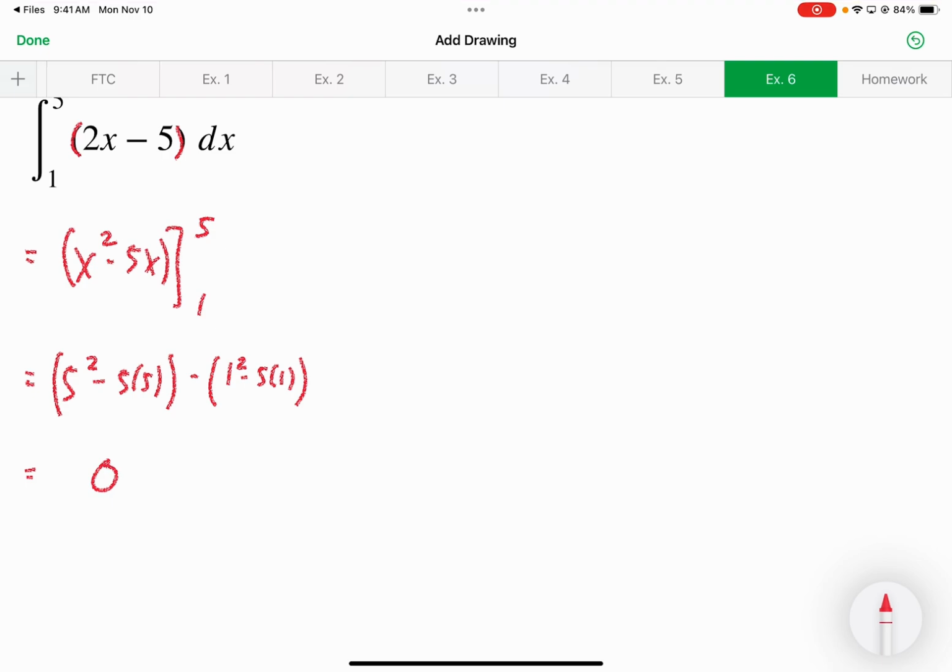The first set of parentheses is just 0, and then minus negative 4, giving me an area of 4. So that's my net signed area, positive 4.